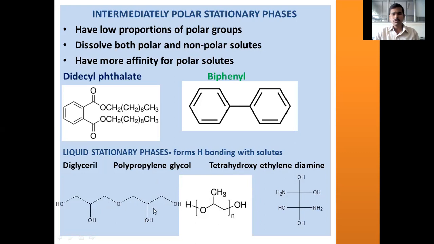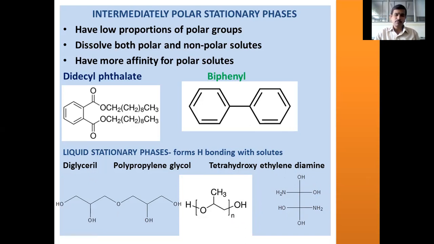All these three compounds are liquids in nature, and because they have the ability to form hydrogen bonding, the OH groups present in tetrahydroxyethylene diamine, polypropylene glycol, or diglycerol will become responsible for hydrogen bonding with the solute. So intermolecular hydrogen bonding can be seen between solute and these stationary phases, and this hydrogen bonding will decide the extent or the order of elution.